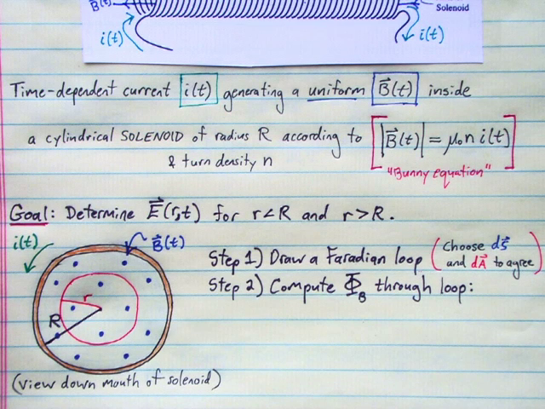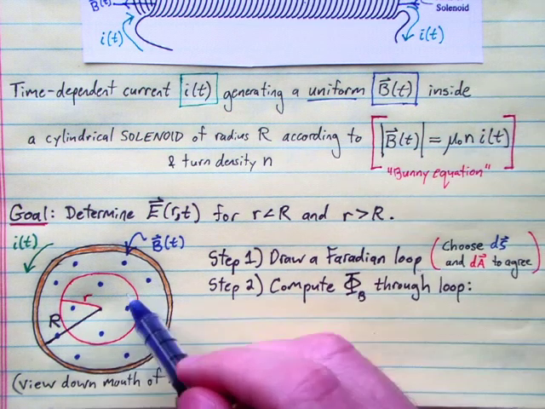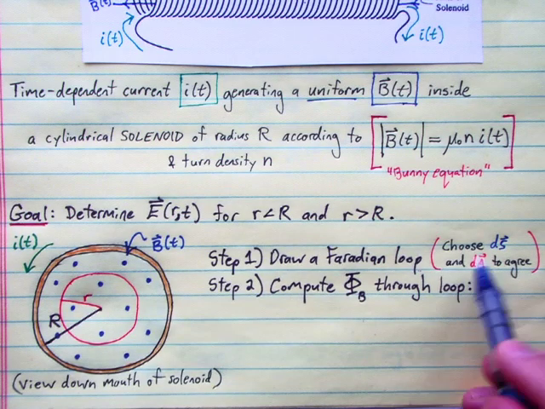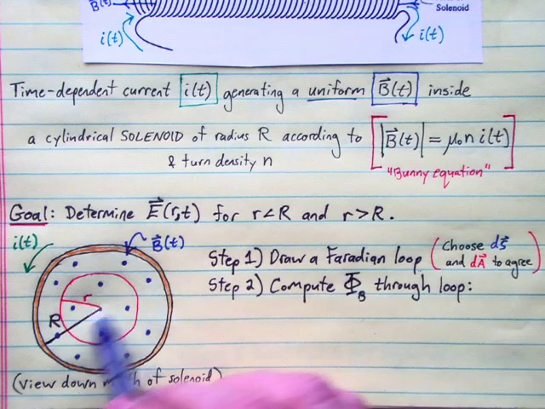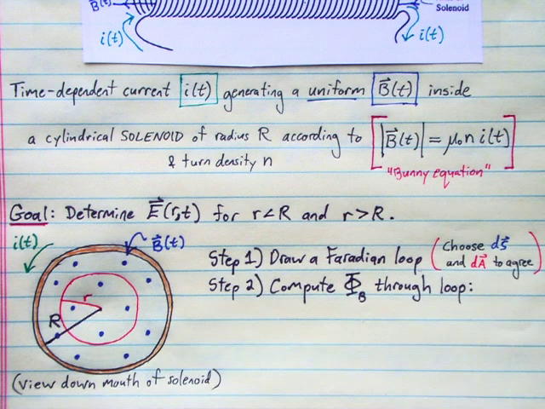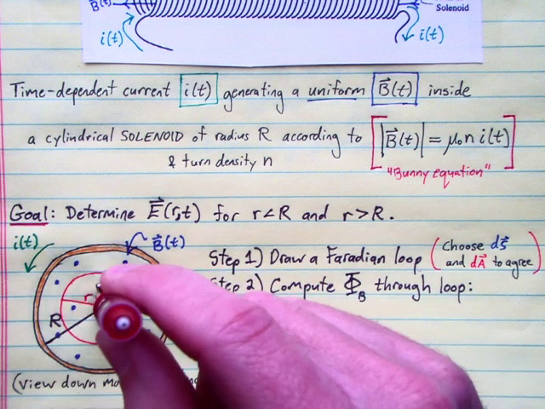So we're going to choose a direction to integrate around this path, and then have to choose a front side for the bounded open surface based on right-hand rule. I would like my dA to point in the direction of the B field, so it's parallel to the B field.